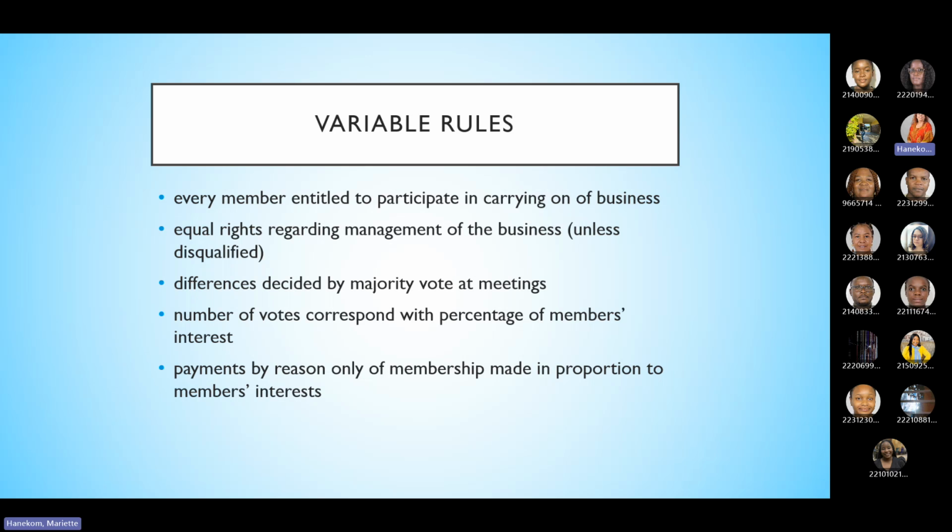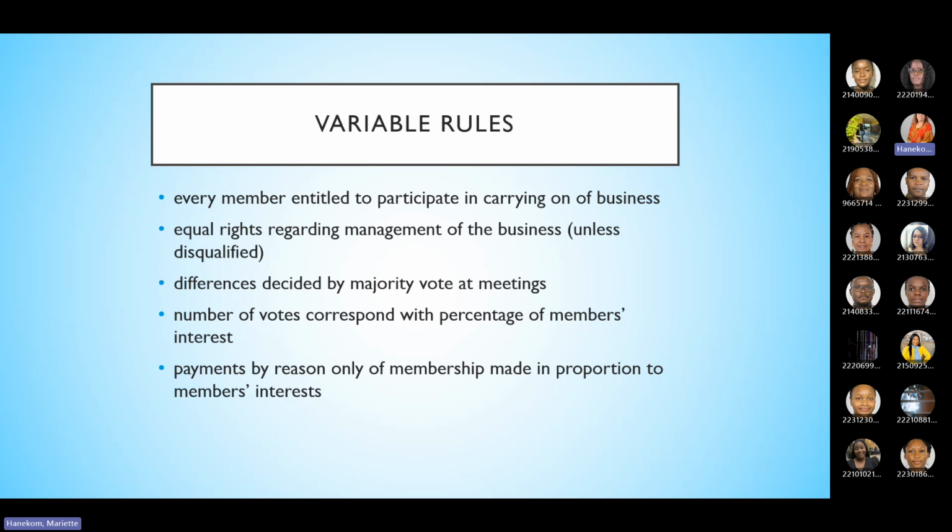Another variable rule, payments by reason only of membership made in proportion to the member's interest. Payments by reason only of membership is the closed corporation speak for dividends. So it's not a salary that you get, it's a dividend payment, a payment that you get purely because you are a member.